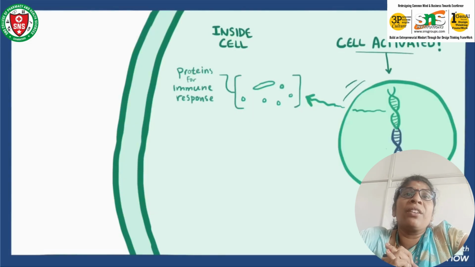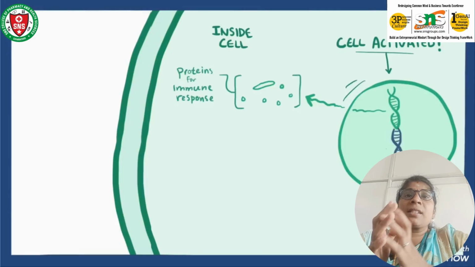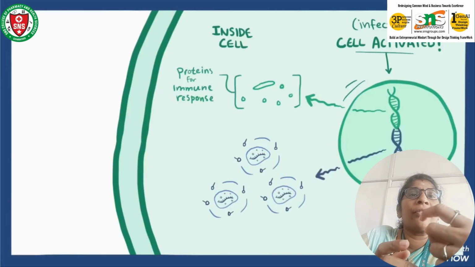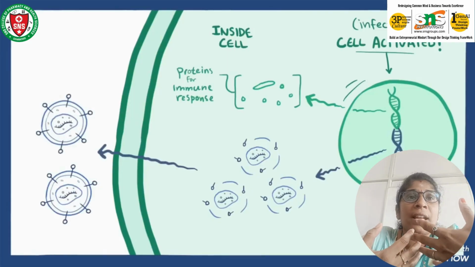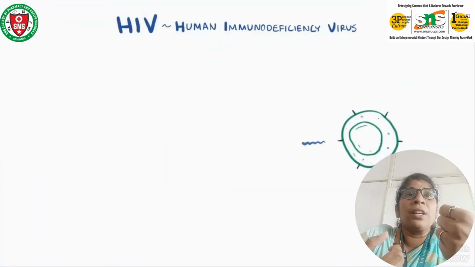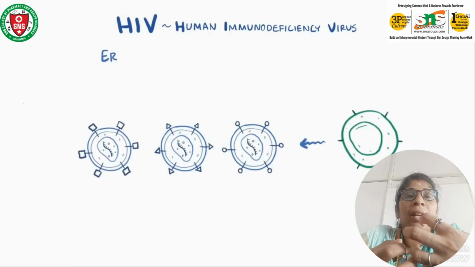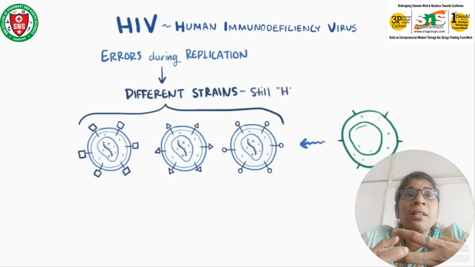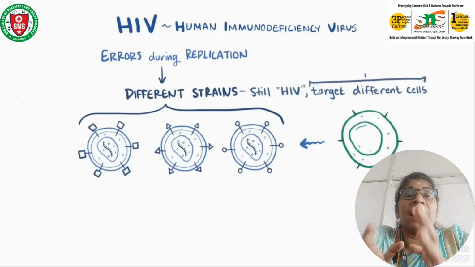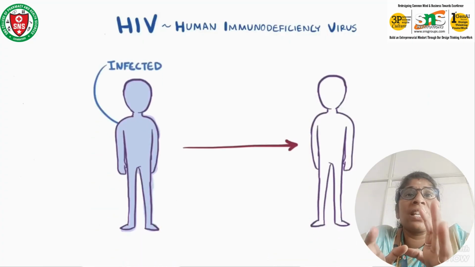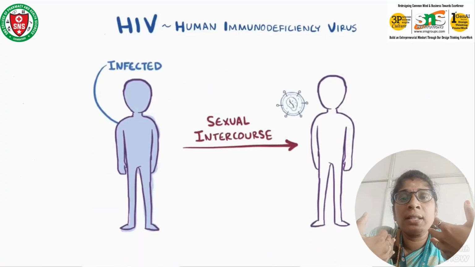And now, inside the cell, the single stranded RNA from the retrovirus, that is HIV, will get into the cell body, and then the retrovirus RNA will get multiplied, and with reverse transcriptase it will be converted into proviral DNA, that is, it integrates into the host DNA, that is our DNA.